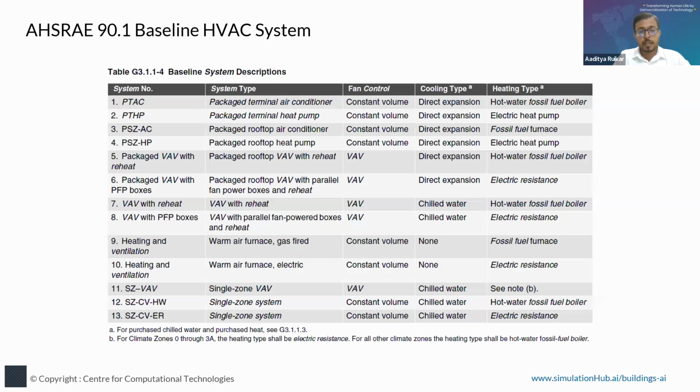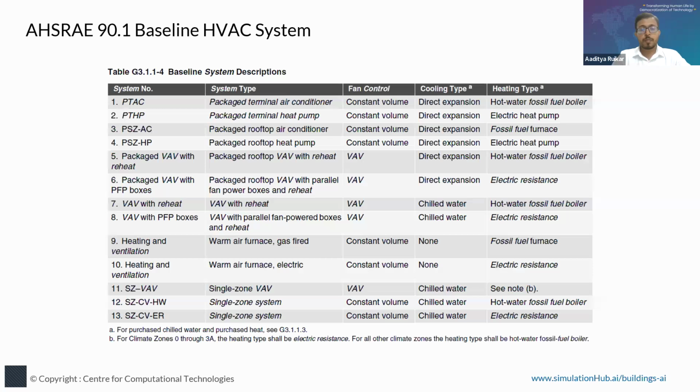We have all the materials required for ASHRAE 90.1 compliance, so you can define your building model accurately. And then in HVAC systems, we have most of the HVAC systems covered in ASHRAE 90.1, so that you can do energy simulation which is baseline compliant. So you can see whether your load and energy calculation is compliant to baseline or not.